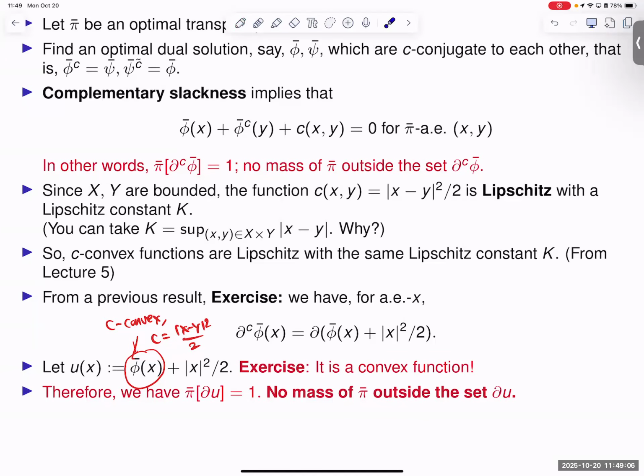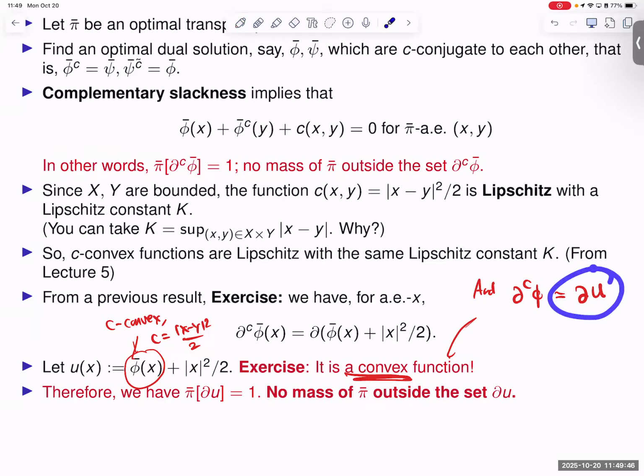If you add this function to such a C-convex function, then the resulting function is convex. We just did this in the previous slide. Then the C-subdifferential of phi is the same as the subdifferential of u. We just did it in the last slide, as an exercise.